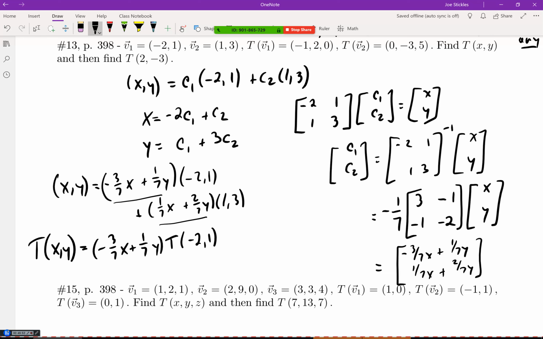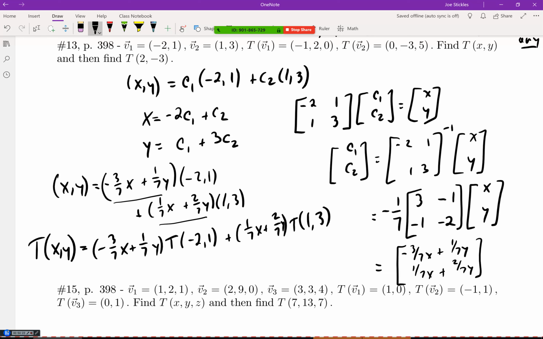So this first part that's in parentheses is representing the C1. It would get pulled out in front, because remember, you're going to be given the numbers x and y to start with. And then the second part, forgot my y, we'll have that constant pulled out in front and the transformation applied to (1, 3).